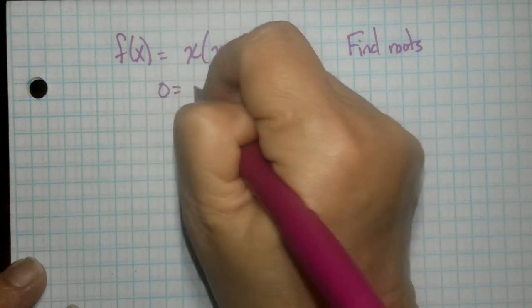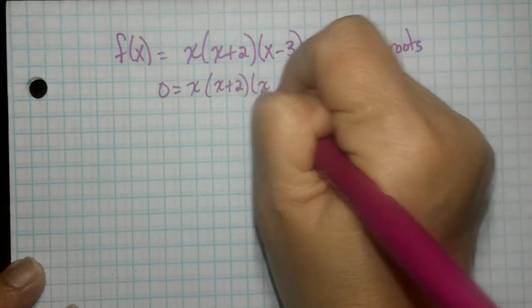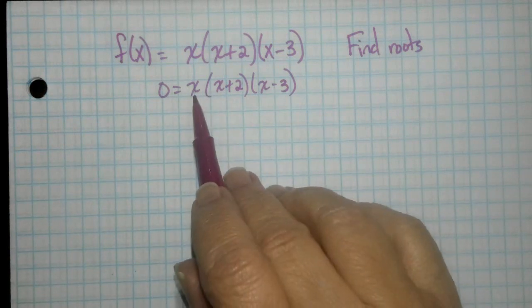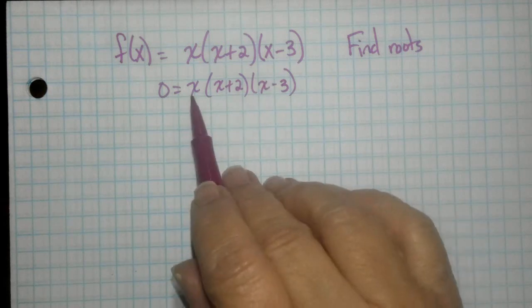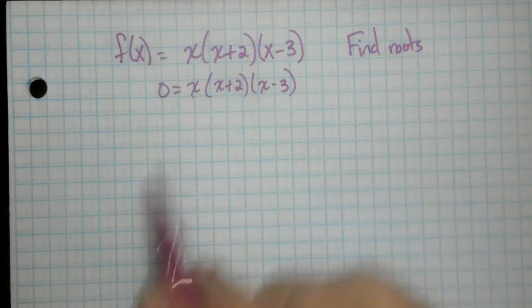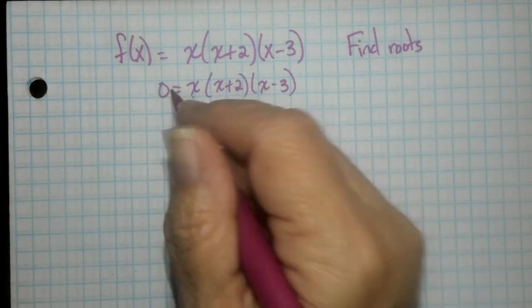So it's really saying 0 is equal to x times x plus 2 times x minus 3. And what we know from our fundamental theorem of arithmetic is that if these factors multiply together to be 0, then each factor might be 0. It's the only way you're going to get 0 as a product.